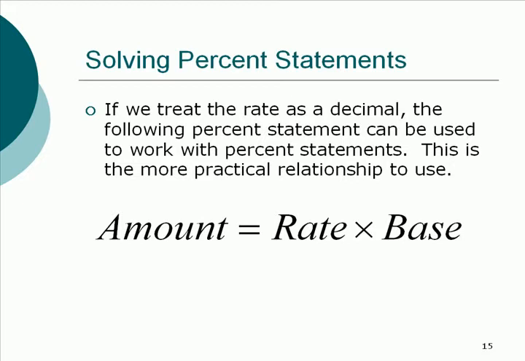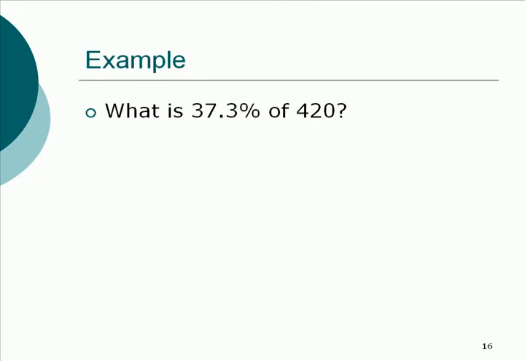If you treat the rate as a decimal, 15% in that case would have been 0.15, then we could just use that relationship, that the amount is equal to the rate times the base. And that's the one that we'll use 95% of the time. Let's take a look at a couple more. And we'll use this technique to solve all the rest of them here.